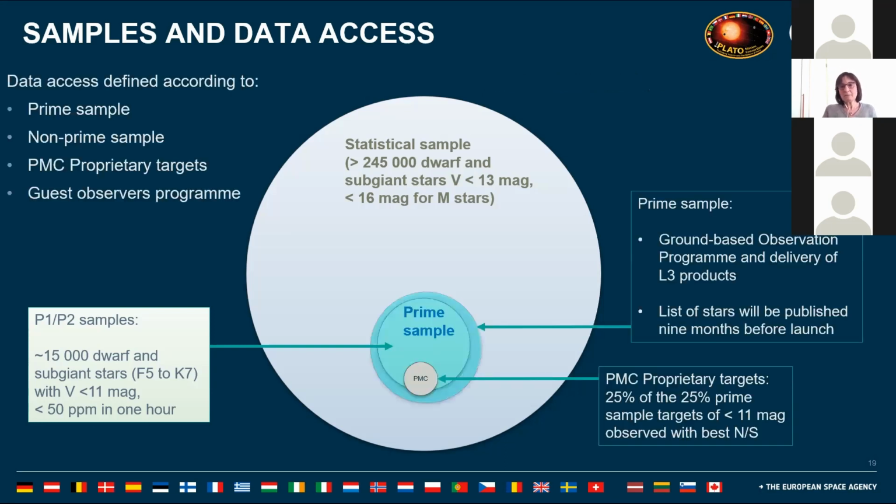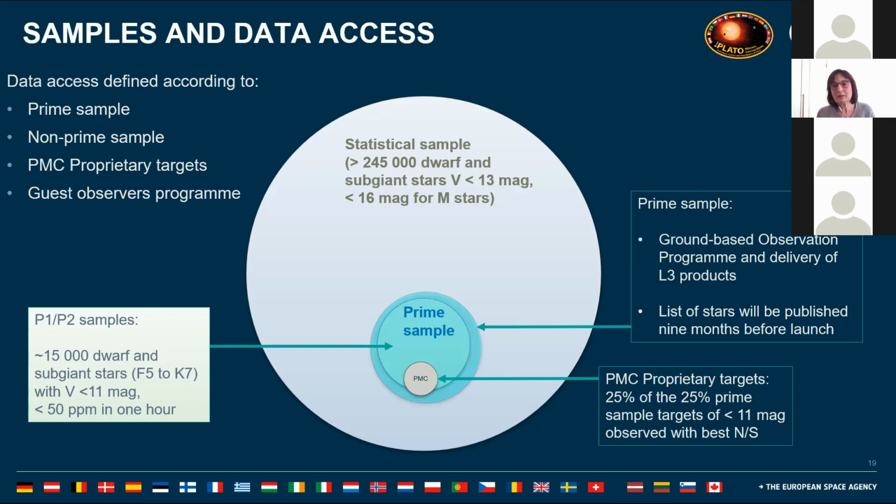Then we define the prime sample, and the prime sample is the name that we give to the sample for which we will do the final delivery of the level 3 products. And it will consist of these bright stars plus some of the statistical sample. And then we call it prime sample in order to be clear that it's not only the ones defined by the requirement.